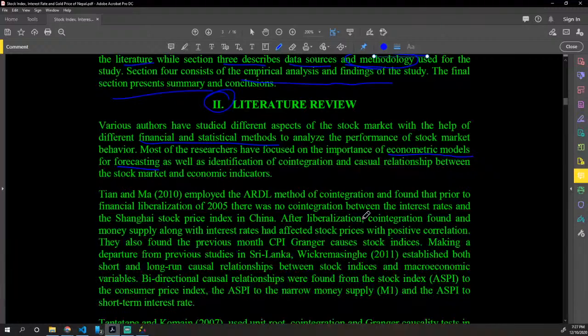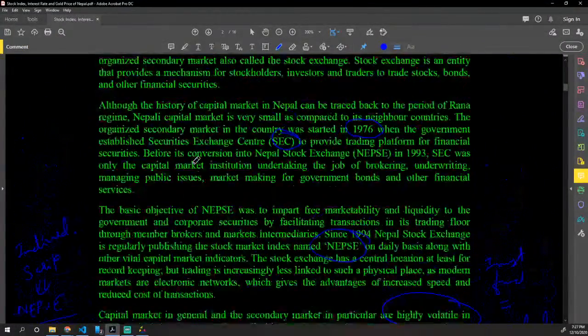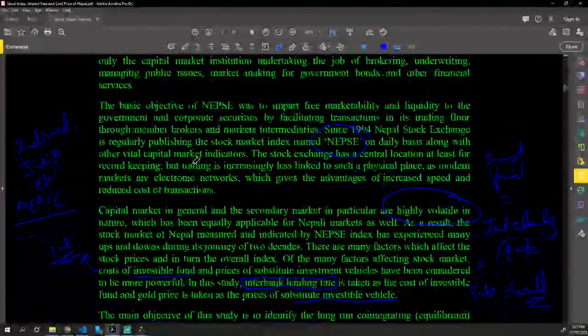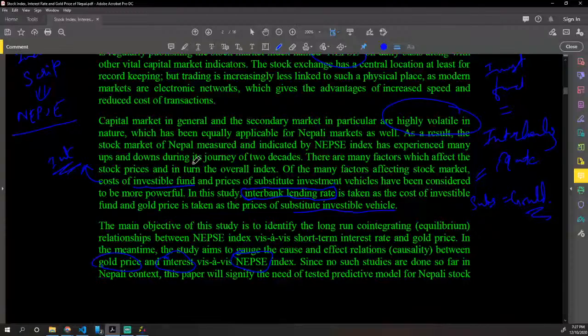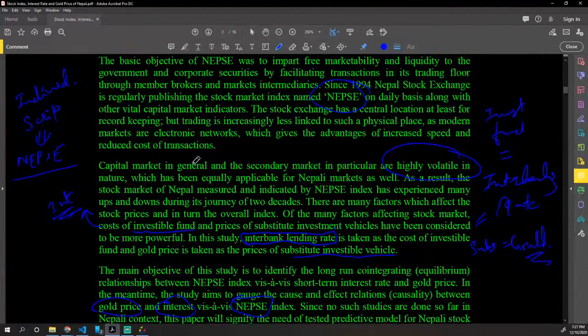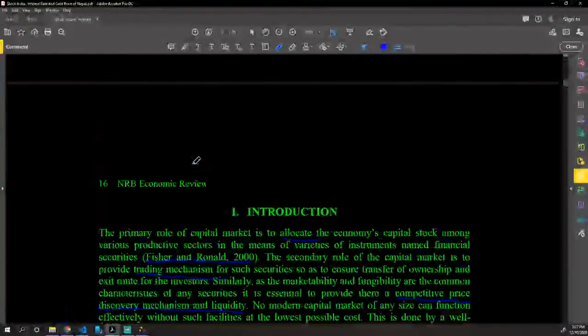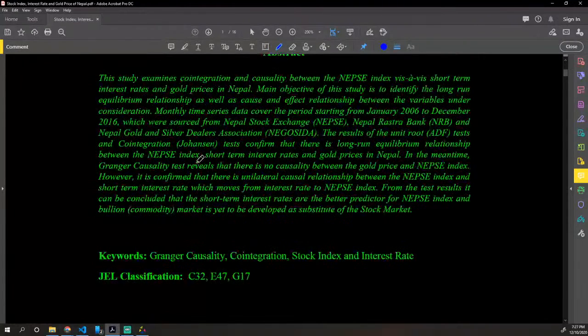Tian Ma 2010 employed the ARDL model. So what was this ARDL method? 2010, right? I saw something over here. ADF, that's what I saw.